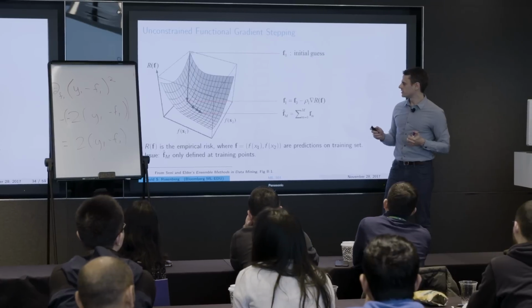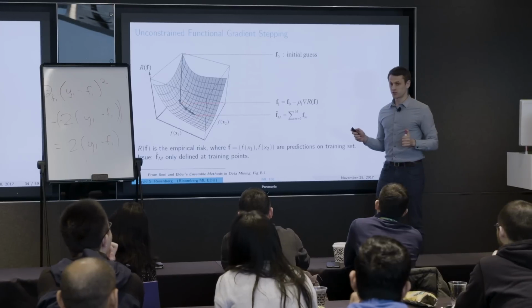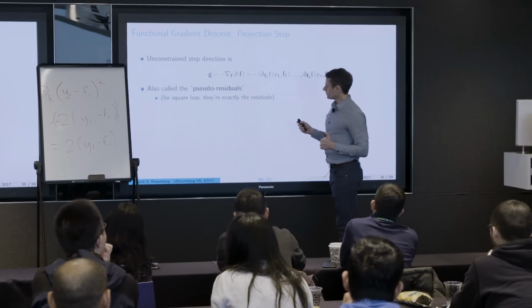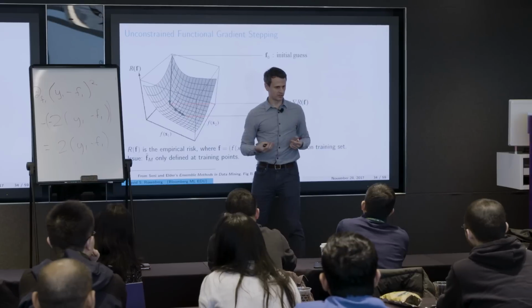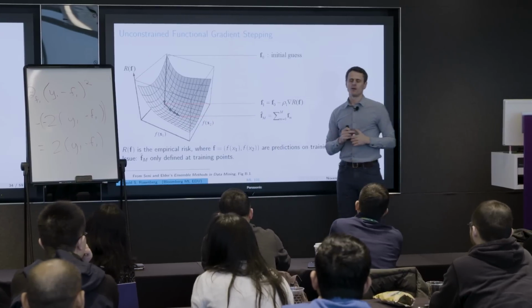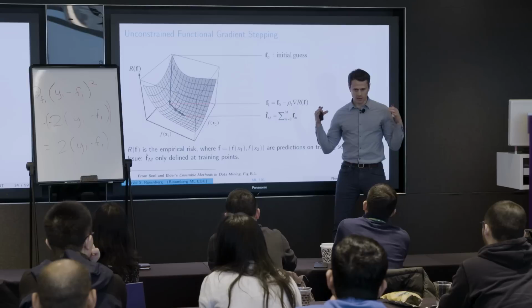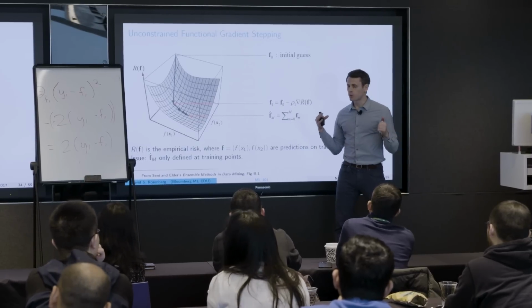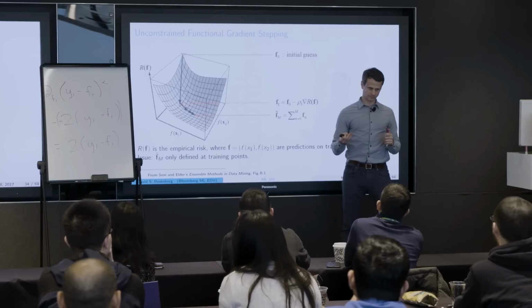So the strategy is quite cute. Every time we take a step, we get a new set of predictions on just the training points. And what we do is we find the function in our base hypothesis space that approximates those predictions as closely as possible.